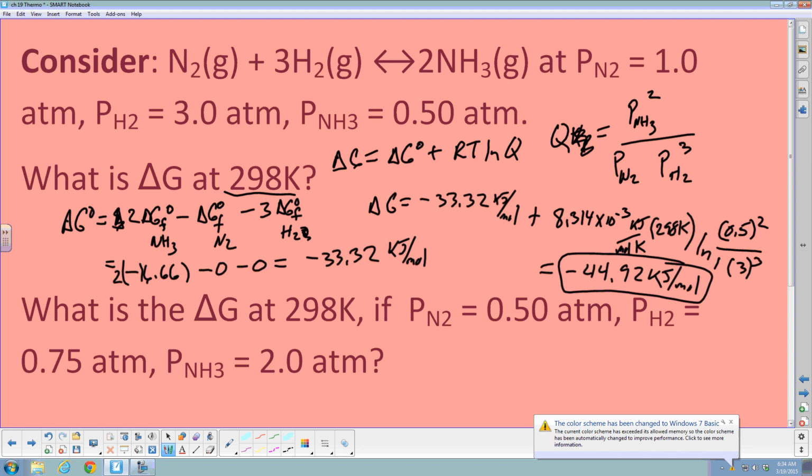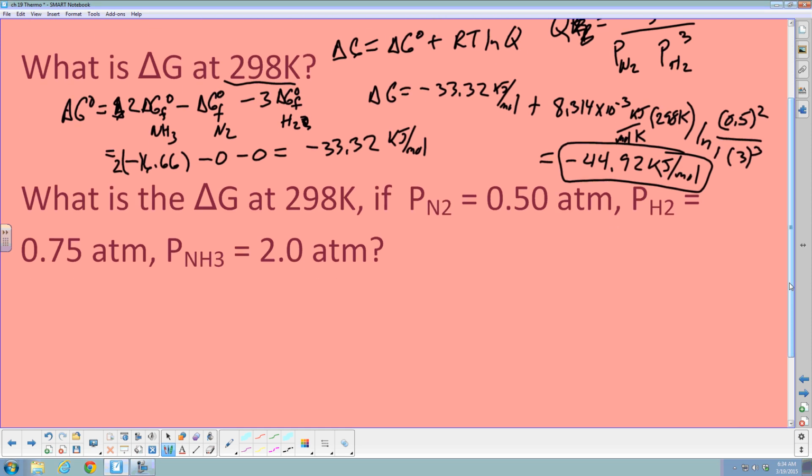You guys try the next one, and I'll bring you back. Okay, I think you can handle this. The beautiful thing here is it's the same reaction, so my delta G prime is going to be the same number.